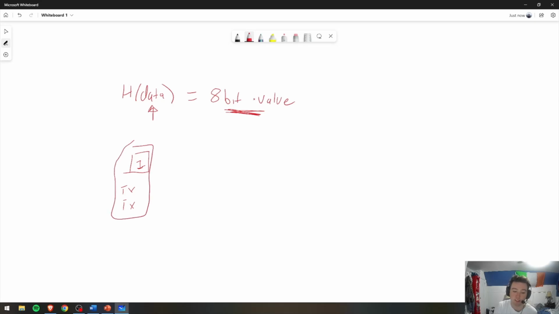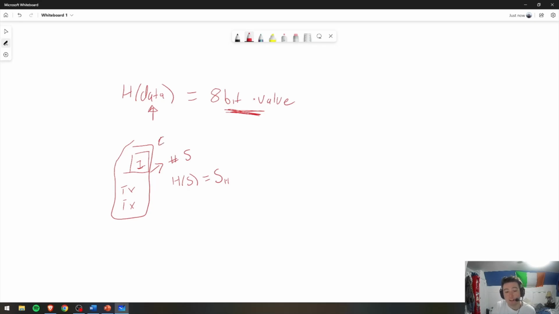So let's just say this is equal to some number. We'll call it S. Then you're going to take the hash of S, and we'll call that S hash. And now this is the hash for this block's data.